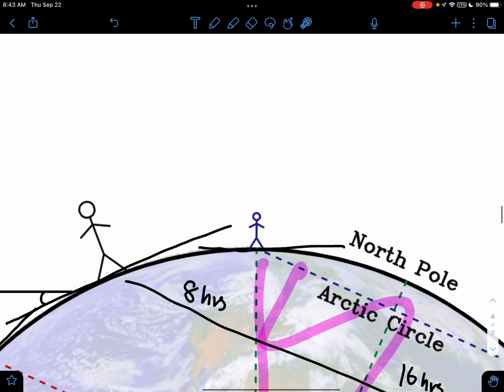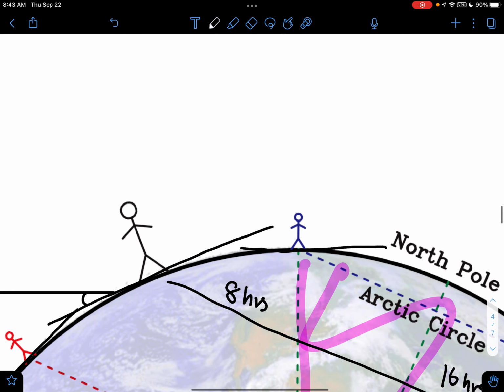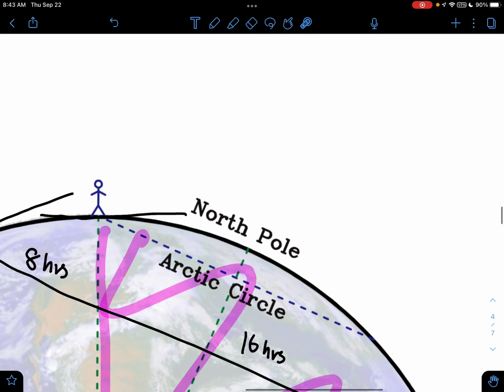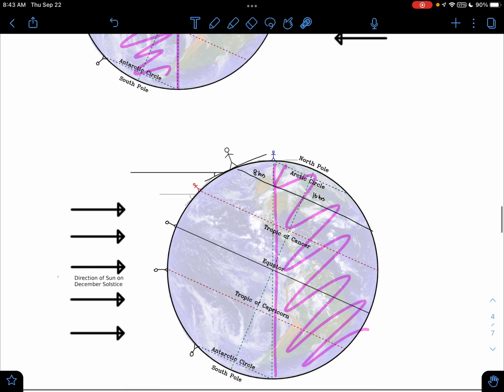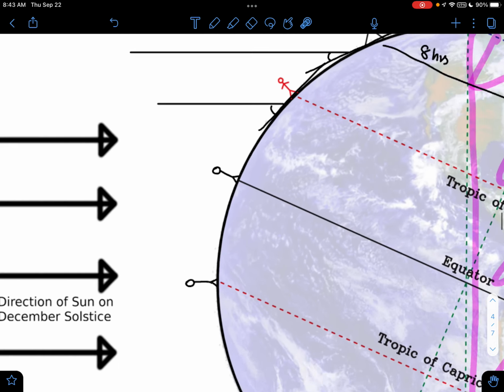I mean, my horizon's kind of already a horizontal line. So when the sun comes in for this guy, it's going to pretty much be at or below the horizon. Right? Because we said the Arctic Circle isn't going to see any of the sun because it's kind of entirely in this darkness, this nighttime.